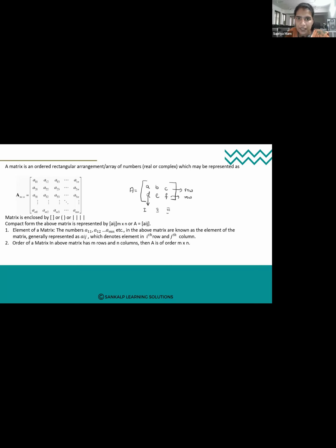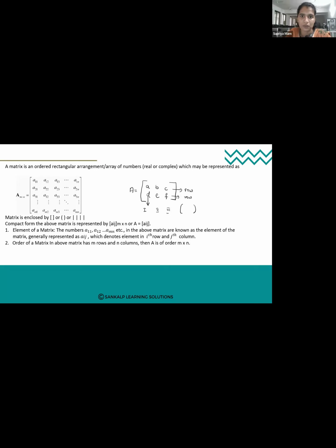So a matrix is a rectangular arrangement of numbers or functions. Need not be A, B, C, D, can be any real number or even trigonometric functions or any functions as I wish. And we usually denote square bracket for the representation. Round bracket is also allowed.